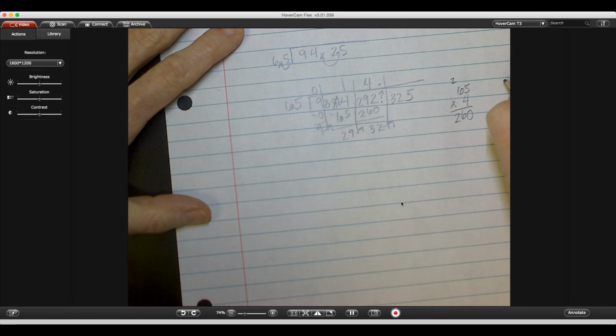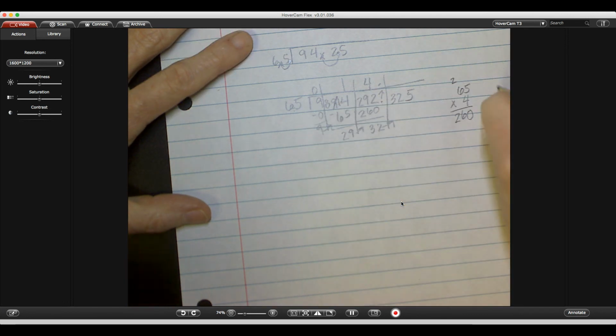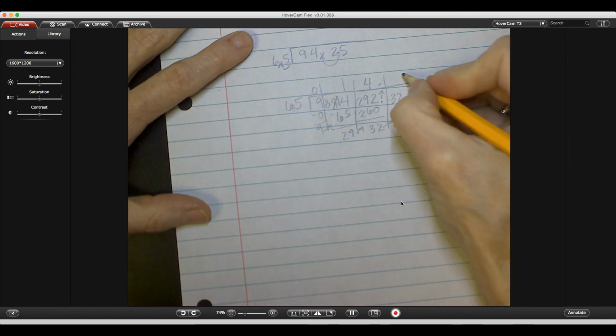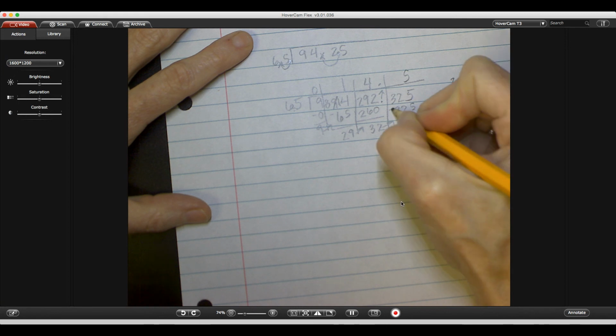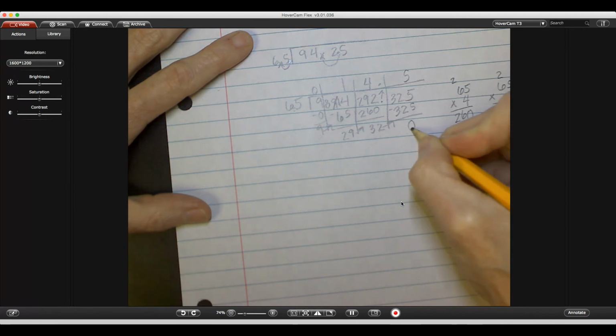So let's try 5. 65 times 5, that's 25, 30 and 2. It's perfect. So 5 on the top, 325 on the bottom. Subtract, I have a remainder of 0.